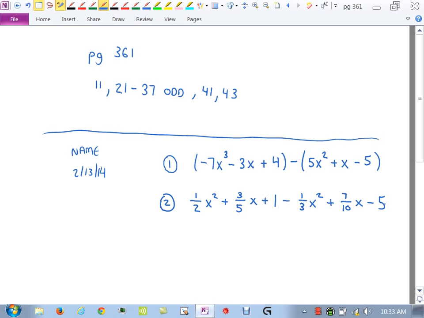There we go. On the first one, I'm really just seeing if you can group like terms together and add coefficients. And then this next one is I want to see how comfortable you are with fractions.